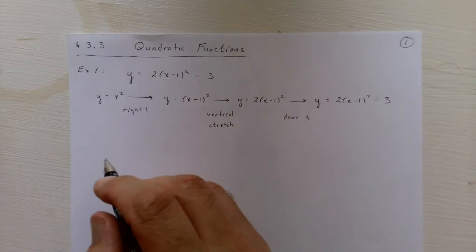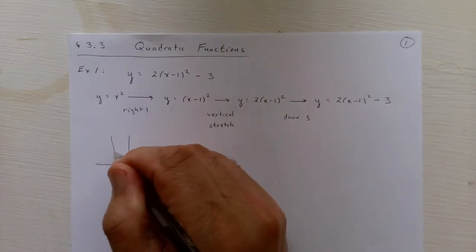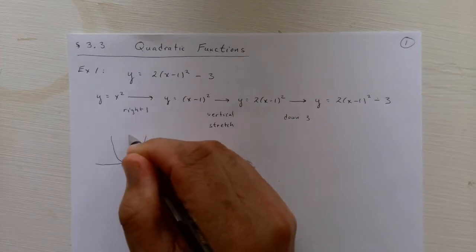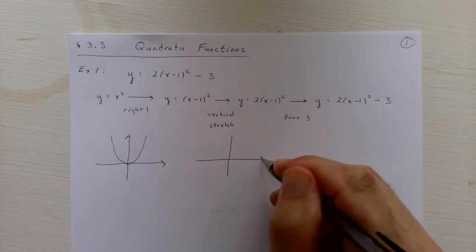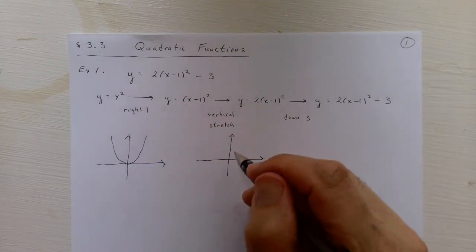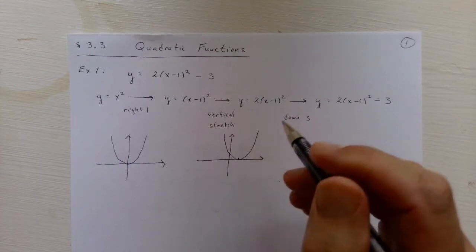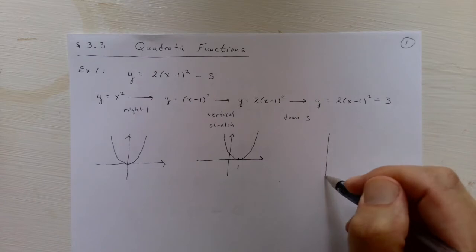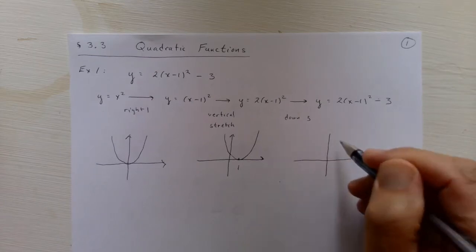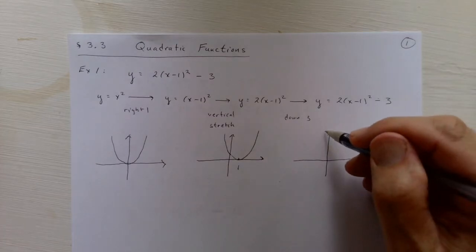Okay, so if we want to see what the graph looks like, obviously here is the graph of y equals x squared. If we shift to the right 1 unit, we get this. And if we multiply this by 2, this is going to be a vertical stretch.